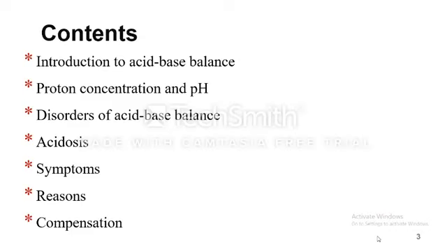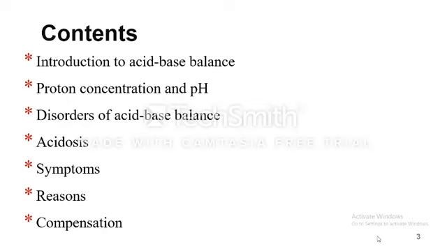The contents of today's discussion are, first of all, an introduction to the acid-base balance. Then we will go for proton-ion concentration and how this concentration is related to pH. Then we will go for the disorders of acid-base balance, the disorders caused by disturbance in the acid-base balance.